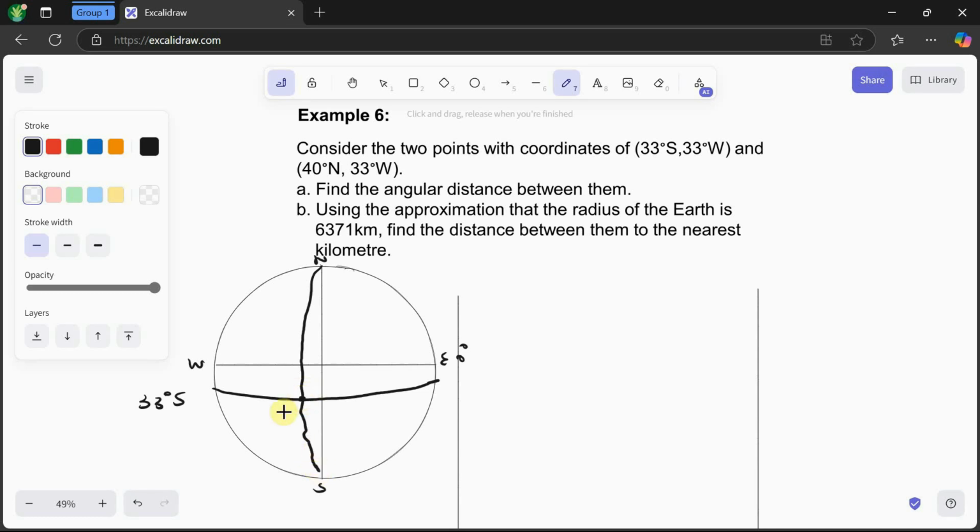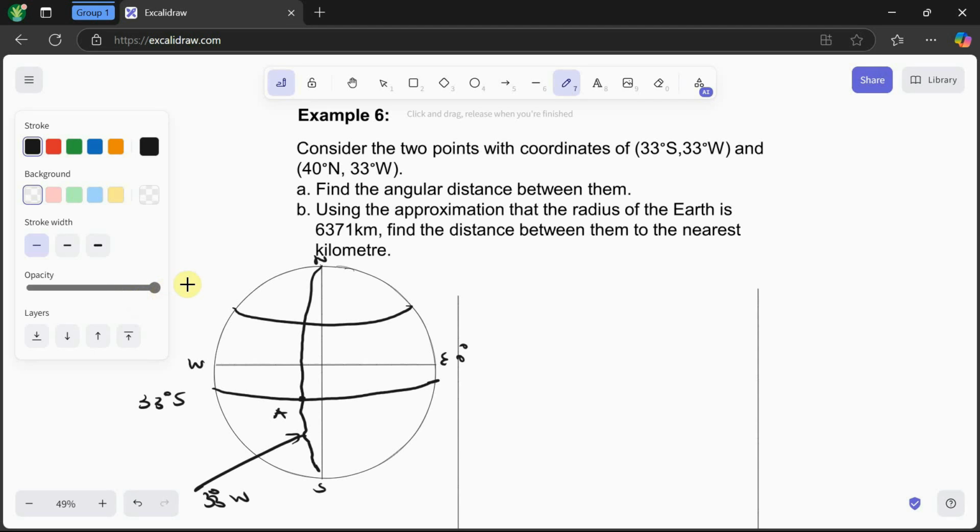So this point here is my point, let's just say point A, and this is 33 degrees west. This other point here is also 33 degrees west, so it is still the same line of longitude, and 40 degrees north, so this will be somewhere like this.